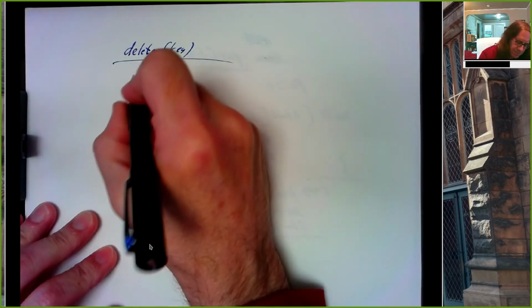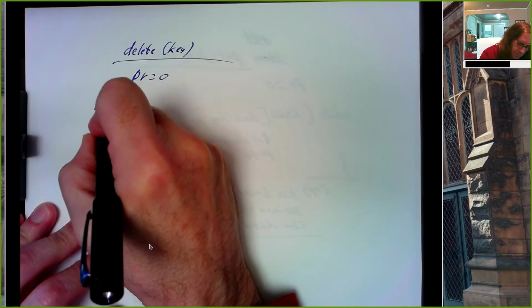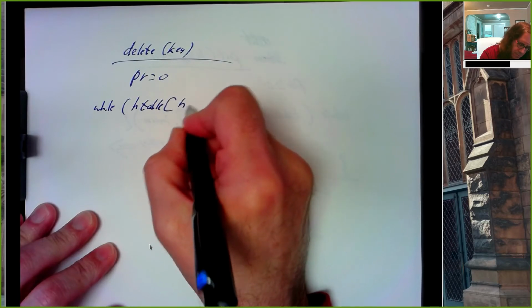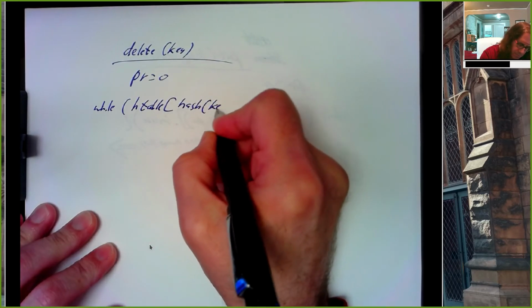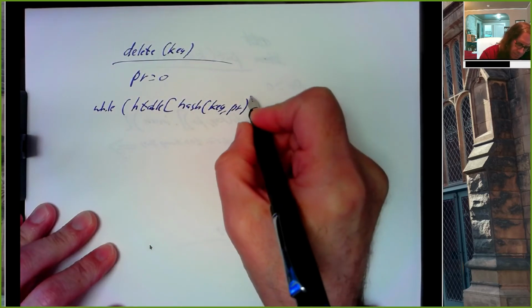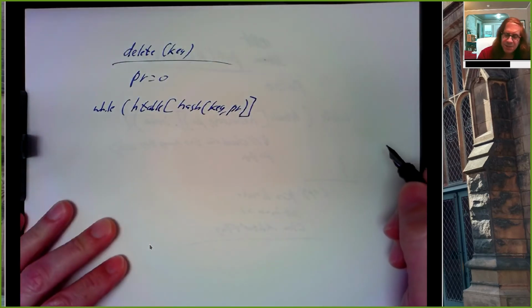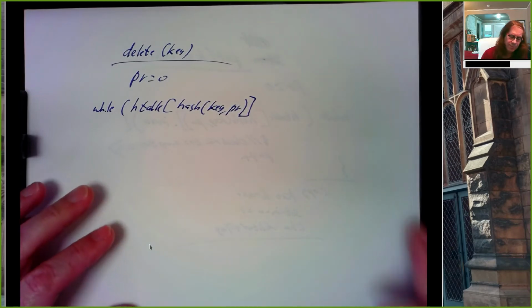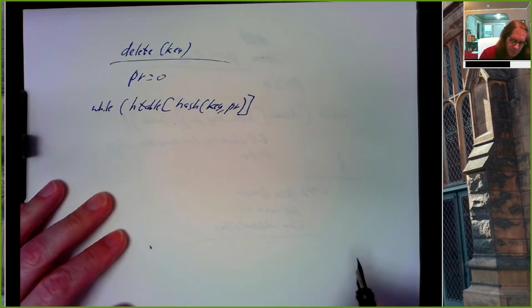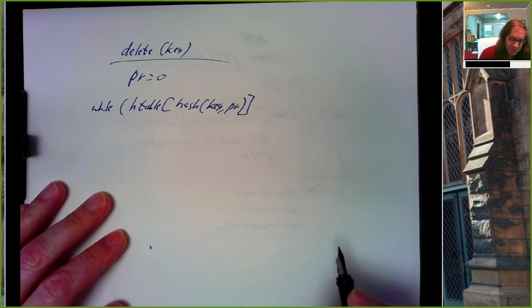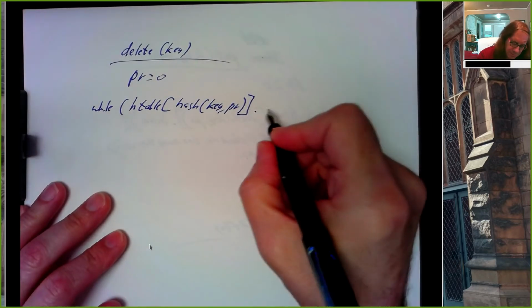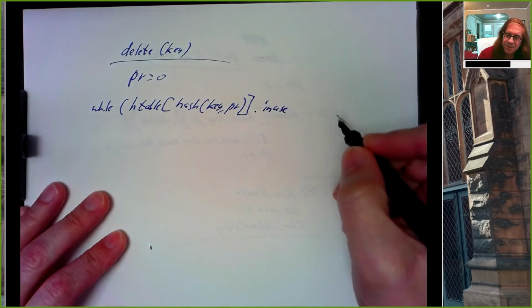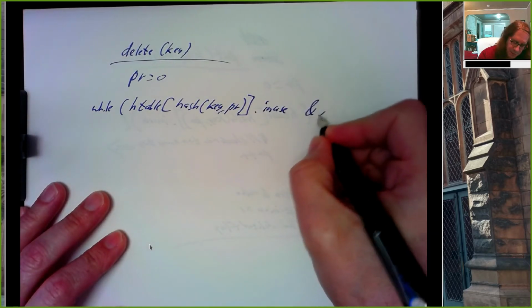Deleting a key. So hash your key using a current probe value, which starts off at 0. Make sure it's in use.